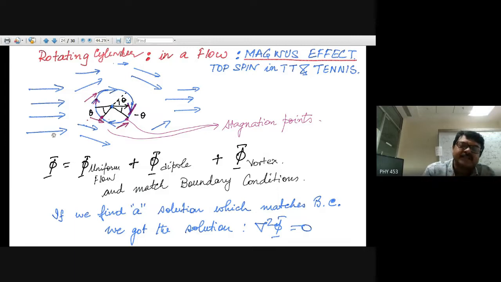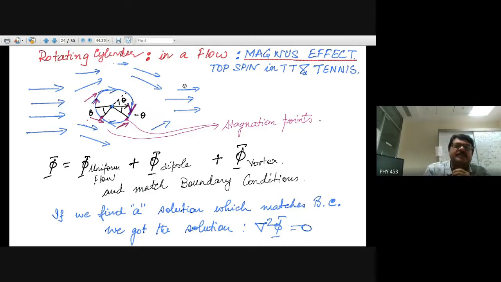To analyze this situation, we have to do a trial solution of the total velocity potential: a uniform flow plus a dipole, which we have already considered.